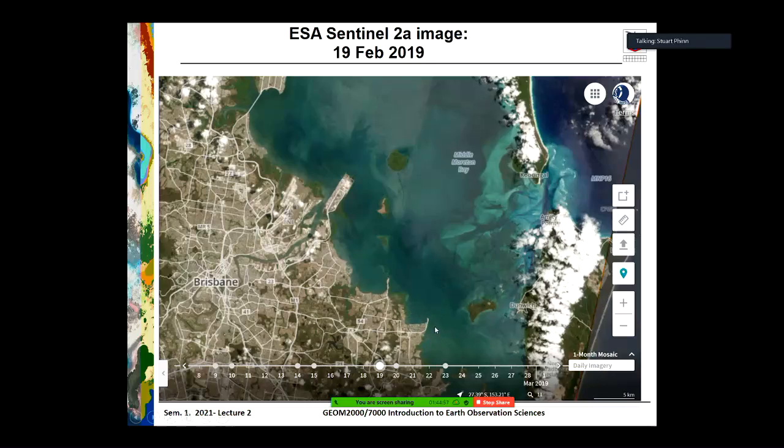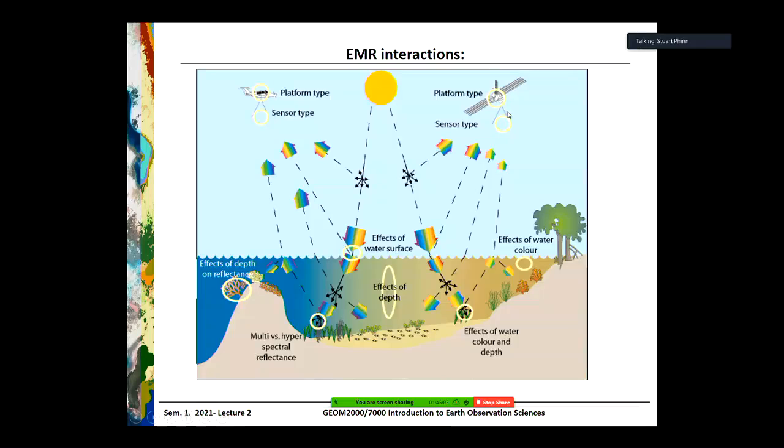So the radiative transfer equations let you turn pixel values into quantitative estimates of features. And what they do is essentially quantify each of these sorts of interactions, whether it's in the atmosphere, at the air-water interface, in the water column, or with the benthos or the features down here.